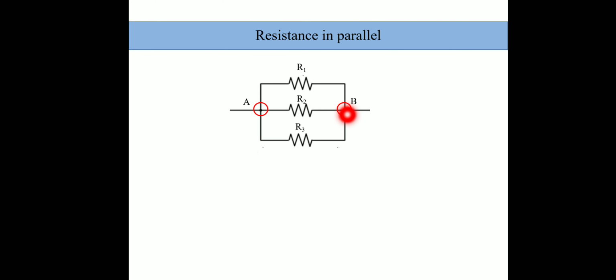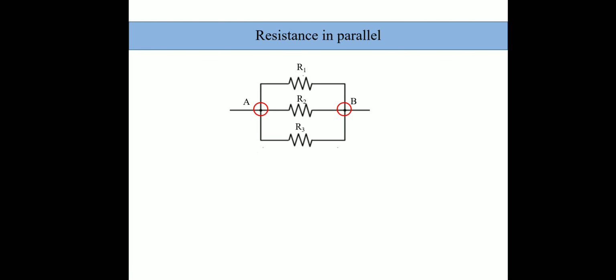Very important here again: all three resistances have their left hand side connected to one common point A, and right hand sides connected to one common point B. Such an arrangement, where one side of all the resistances is connected to one point and the other side of all the resistances is connected to another point, we call these resistances connected in parallel.